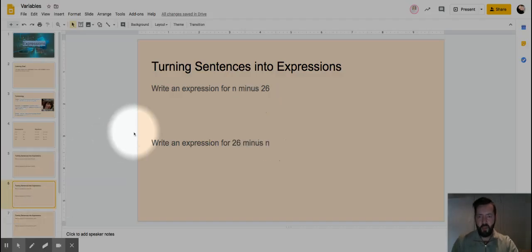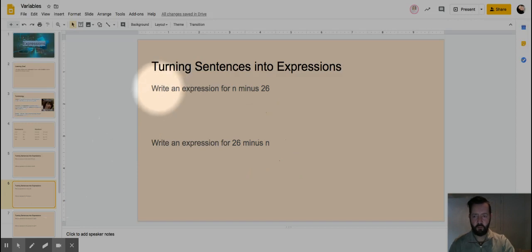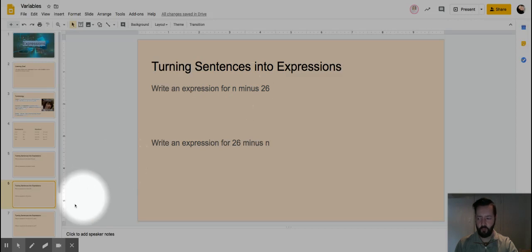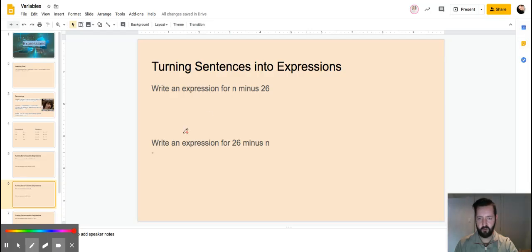On the next one here, though, we have write an expression for n minus 26. And so what that's going to look like when we write an expression, we're starting with a starting amount of n. That's some amount that we don't know the value of. And then we're minusing or subtracting 26 from that.